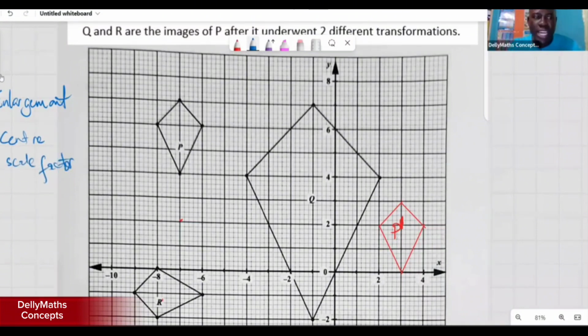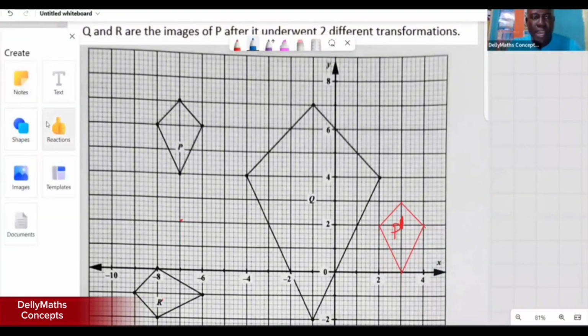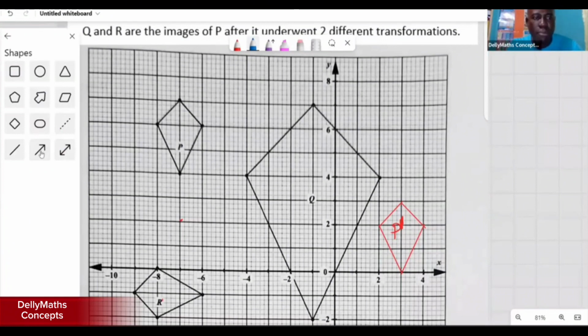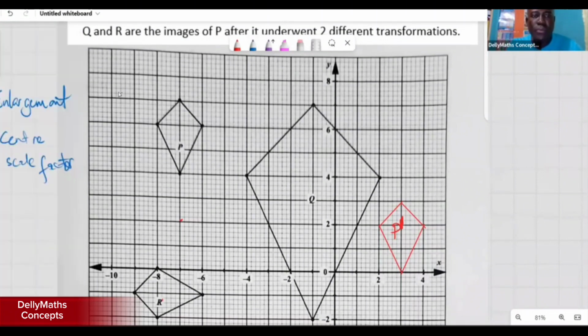If I have an object and an image already, to find the center of an enlargement, what I'm going to do is draw a line through two corresponding points. For example, this point down here corresponds with that point right there, right?